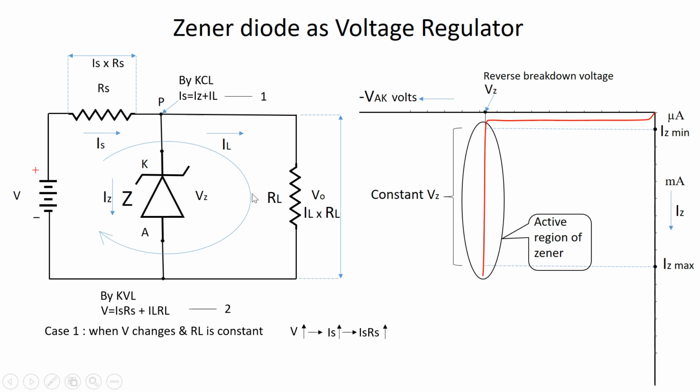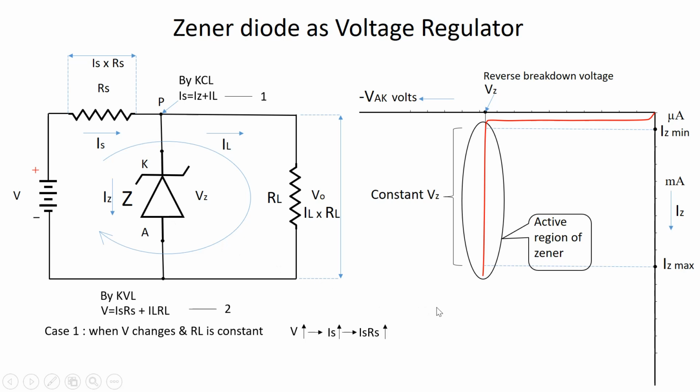But there is no change in this load resistance. Therefore, the load current is fixed and it will not take any extra current. Therefore, the excess current which is raised due to the rise in the supply voltage is diverted through the Zener diode.